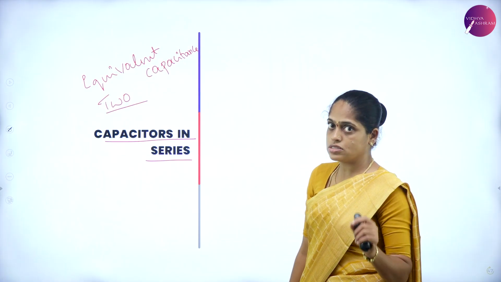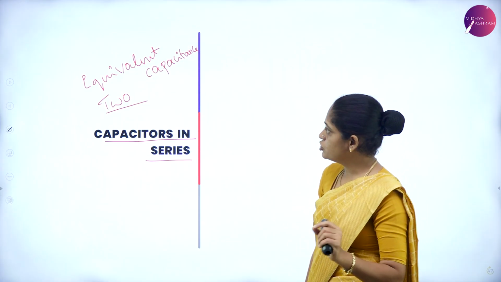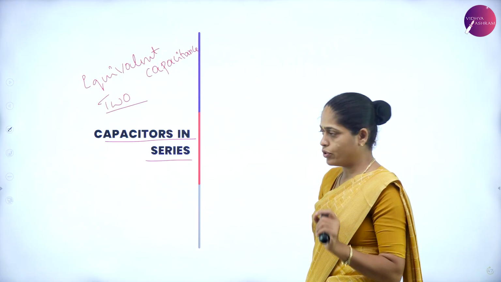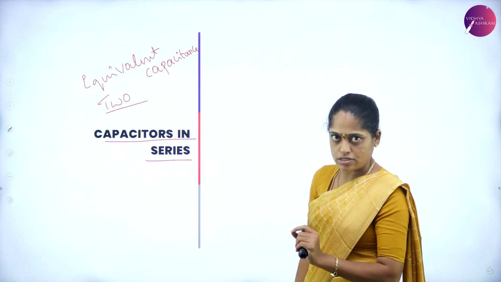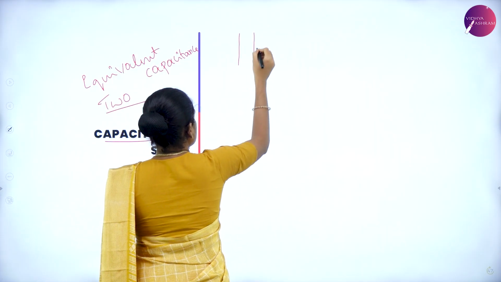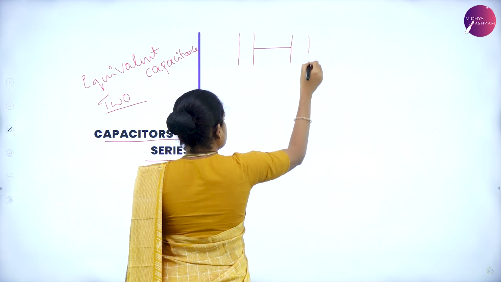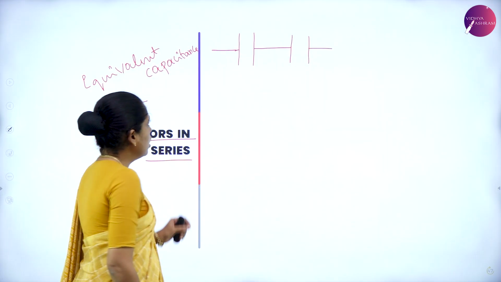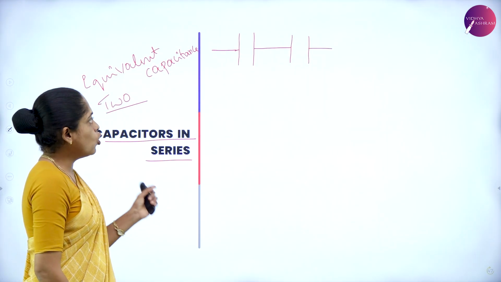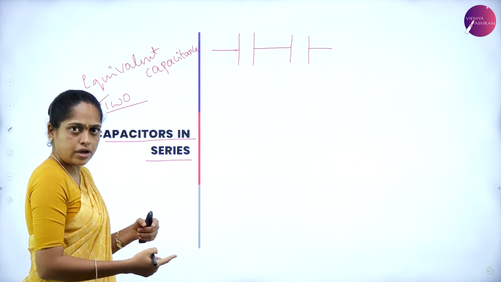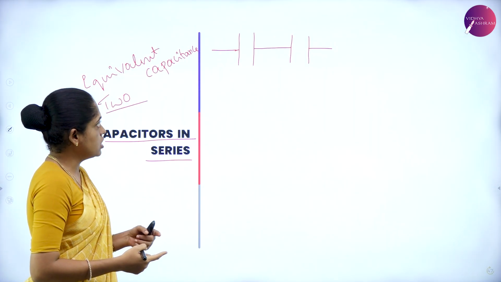So the question is, derive an expression for equivalent capacitance of two capacitors in series. So let us consider two capacitors in series, which means an end-to-end connection. Two or more capacitors connected end to end is nothing but series.